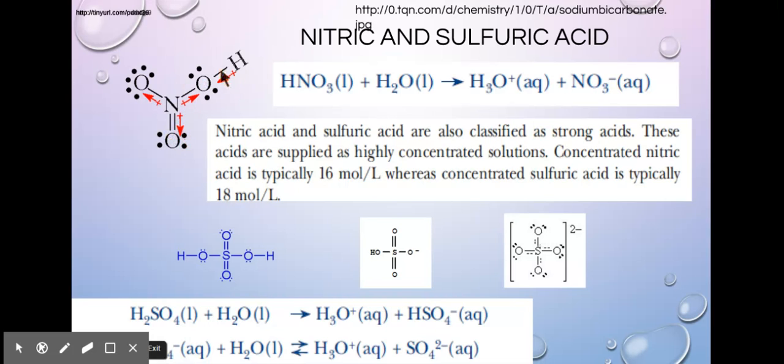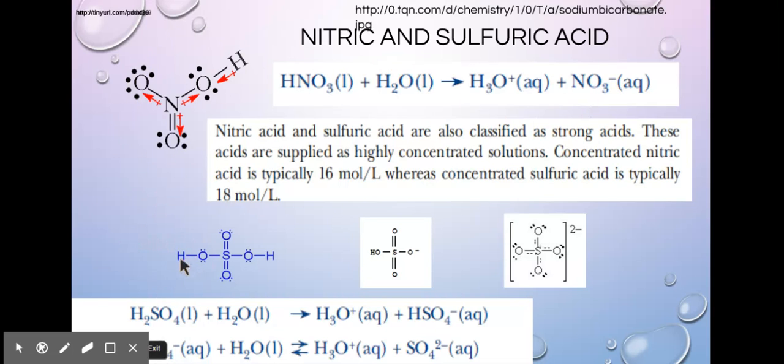So all of this acts to pull the electrons this way, and this makes this bond very easy to break when it gets near to the water molecule, which steals the H from here and makes a hydronium ion and a nitrate ion. And that happens 100%. As soon as that goes into water, 100% of it will ionize.